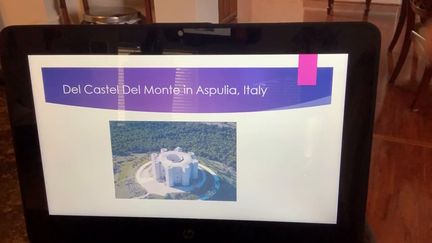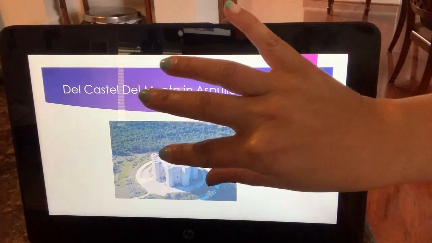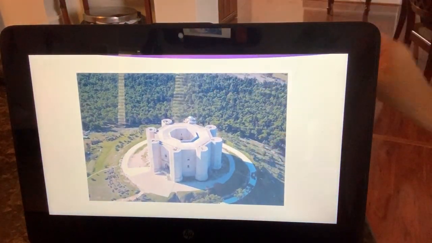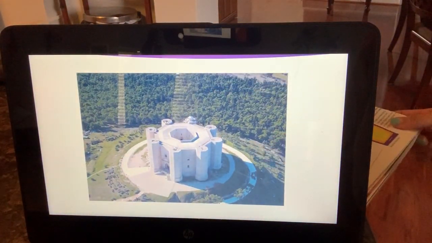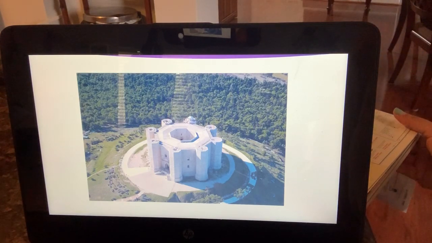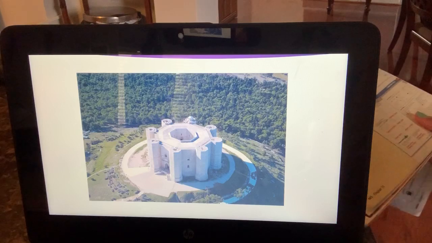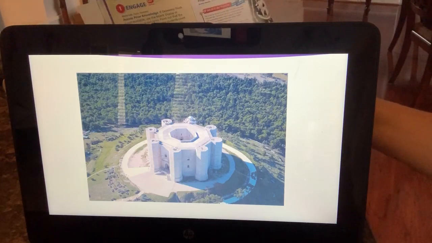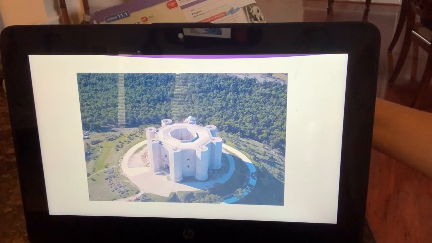If you look in here, this picture, I'm gonna try to make it a little bigger for you to see. Can you see that? Right there? That is Castel del Monte in Apulia, Italy. It's an actual building that exists in Italy that was built 750 years ago. The fortress has a central building with 8 surrounding towers.